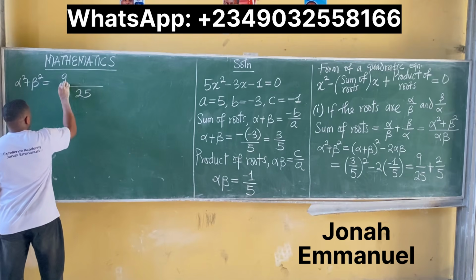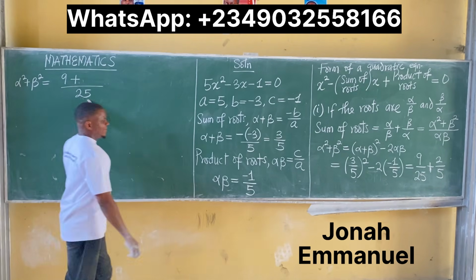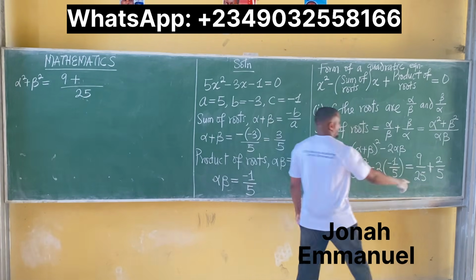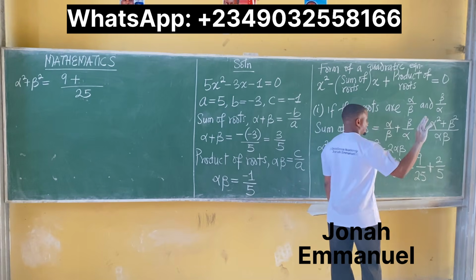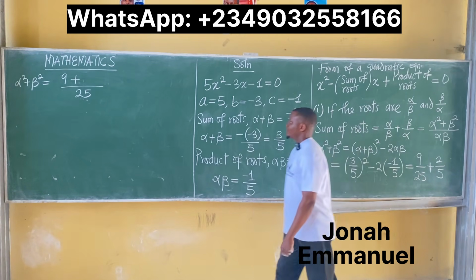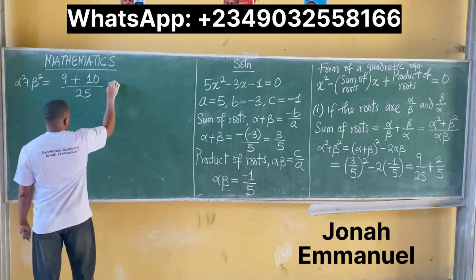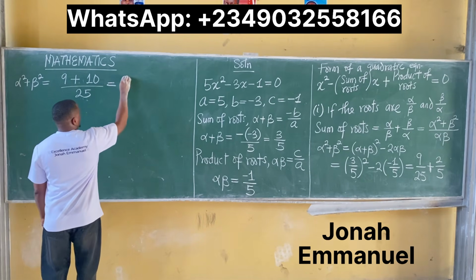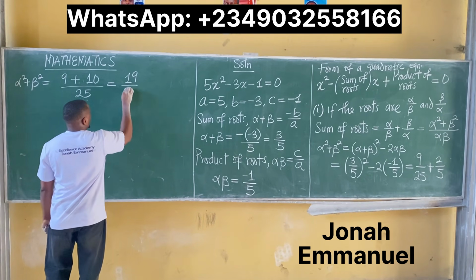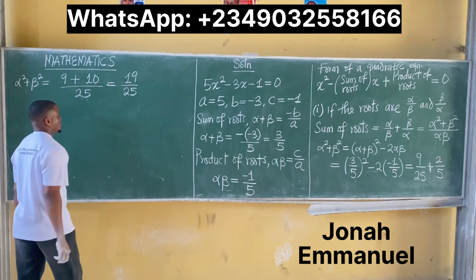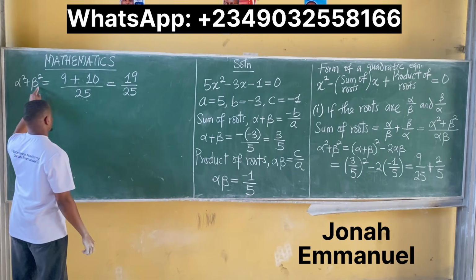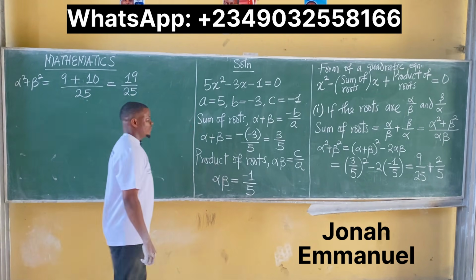So I have 9 plus 25 divided by 5 gives you 5. 5 times 2 gives you 10. So I have this as 10. When you sum this, 9 plus 10 gives you 19 over 25. So that's the value of alpha squared plus beta squared, 19 over 25.